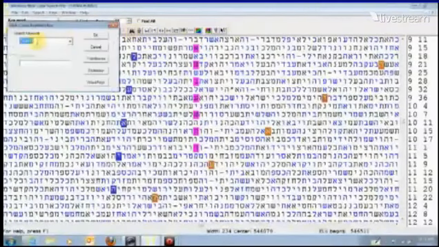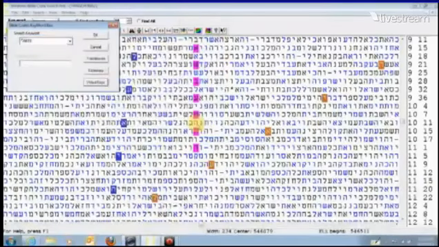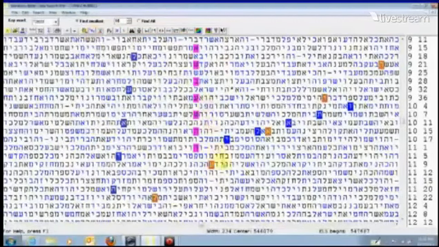I'm going to search this matrix for his name. Tav, Aleph, Lamed, Yod. And there it is. His name runs through ISON.